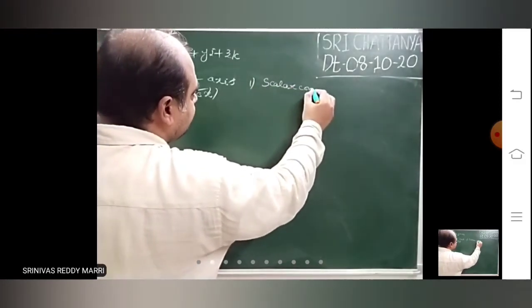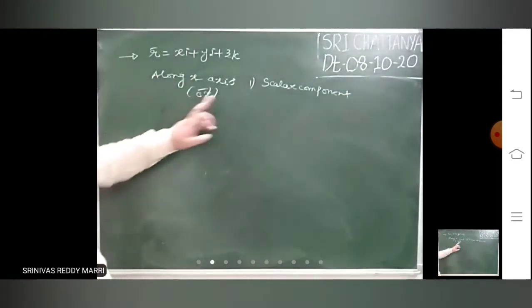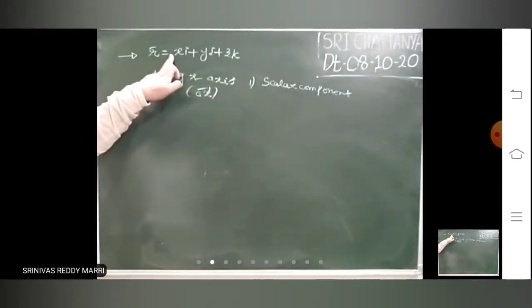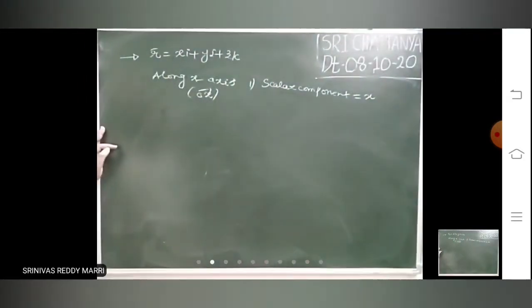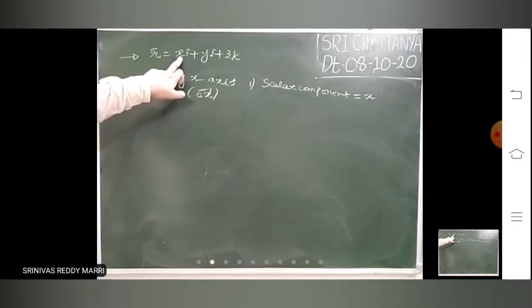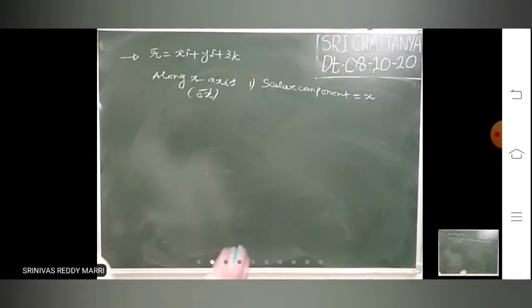Number one, scalar component. That means the scalar component of r bar along x-axis is nothing but x. Before i, whatever the scalar is there, that x is called the scalar component of this vector along x-axis.